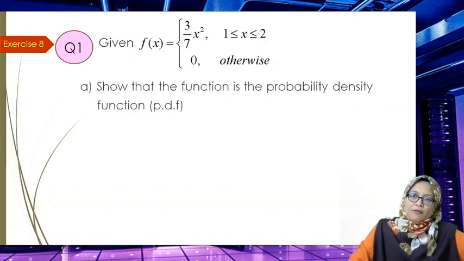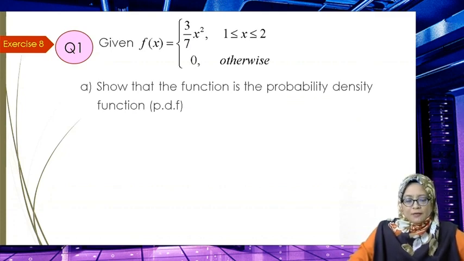Okay, so look at question 1 exercise 8, you are given the function 3/7 x squared for interval 1 to 2. So then we have to show that the function is a probability density function. Okay, so kita ikut basic yang tadi lah, sebab kita nak cari area under the curve.